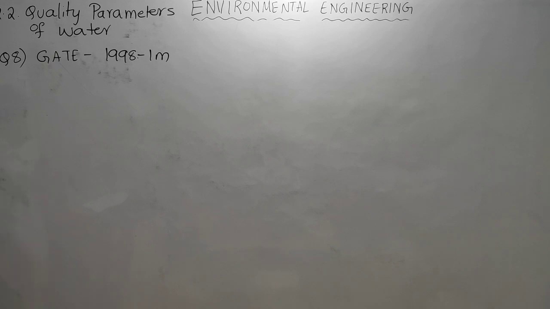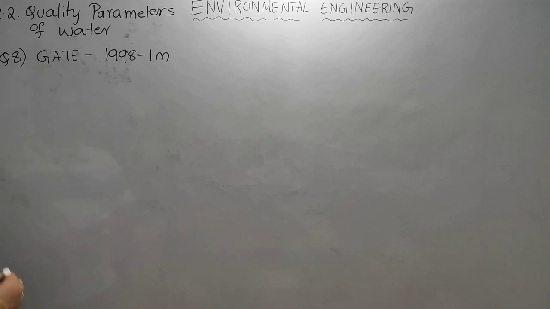So first option is Alzheimer's disease. Alzheimer's disease, we didn't discuss anything about this disease, so this is not due to fluoride. And option B is mottling of teeth and embrittlement of bones. So that is the thing about dental fluorosis and bone fluorosis.